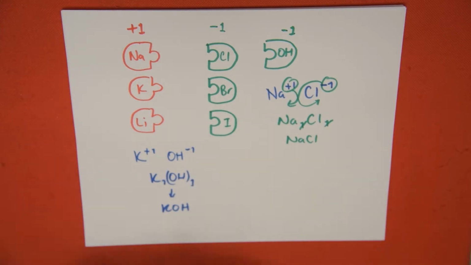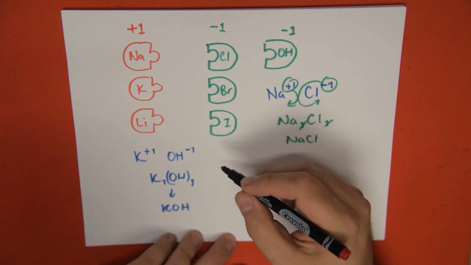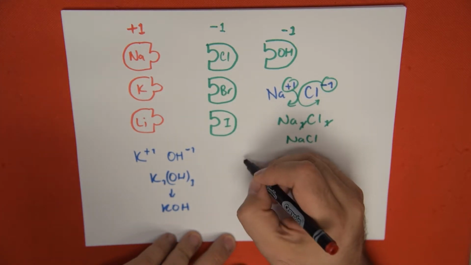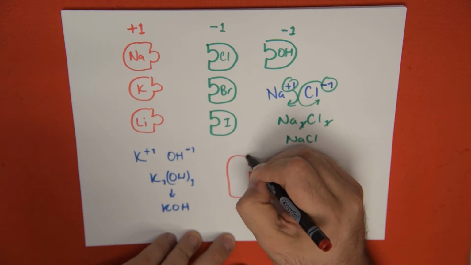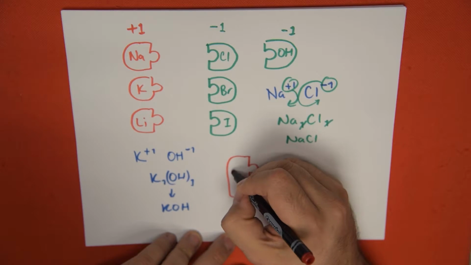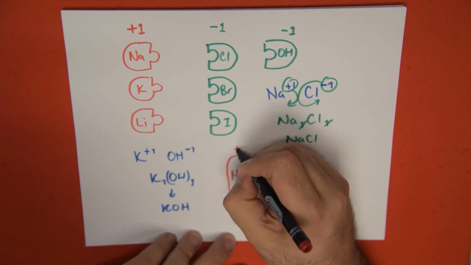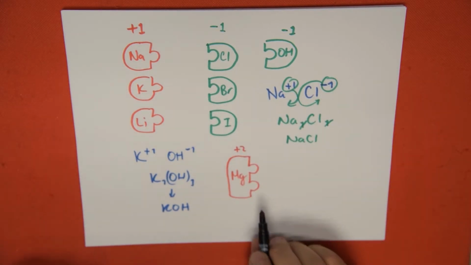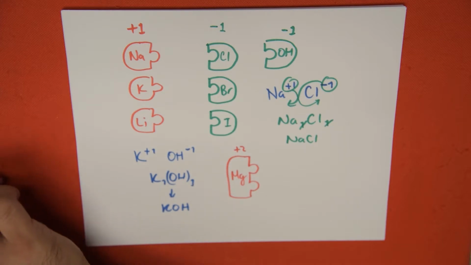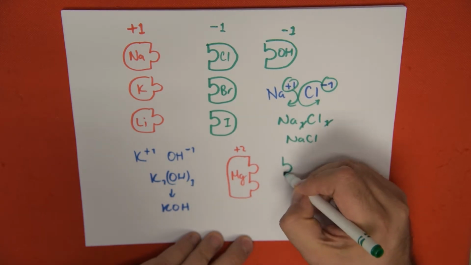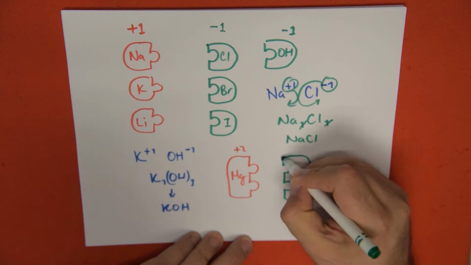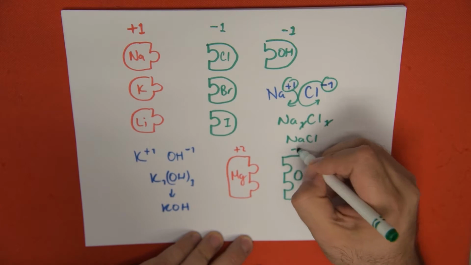Now, there are elements that want to give away 2 electrons. For example, group 2 metals, like let's say magnesium. We can draw this as this other piece. So magnesium is +2. How is this going to work? Let's try to mix magnesium with another element that wants to receive 2 electrons. The example would be oxygen, which is -2.